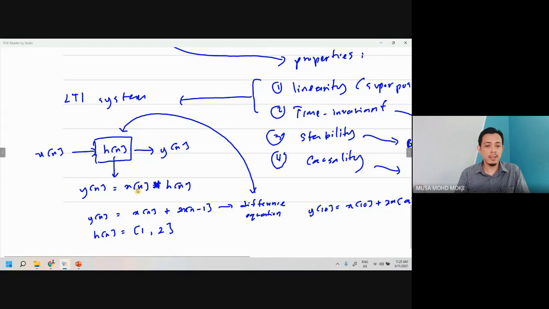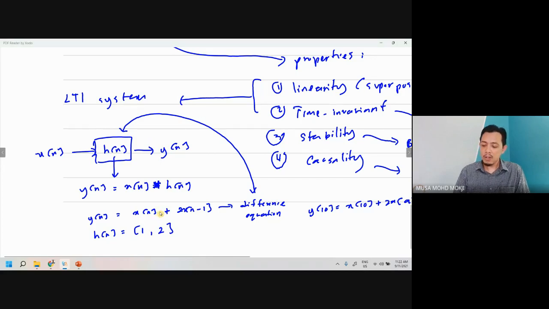Knowing what x[n] is, now you know what h[n] is: 1, 2. Then do convolution. So you have two options. That is for an LTI system. If it is a non-LTI system, you won't have h[n], so you cannot do the convolution process. You need to solve this equation, the relationship between the input and output.